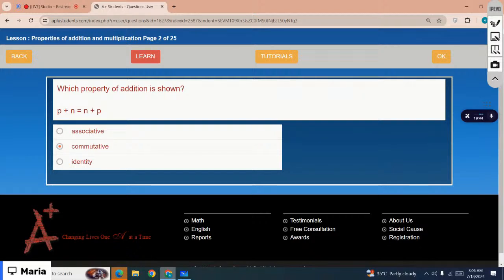Which property of addition is shown, which is the correct option? Okay, I'm in the same question, sorry.